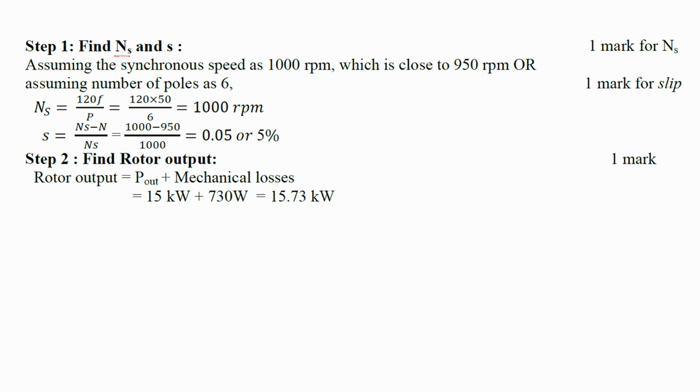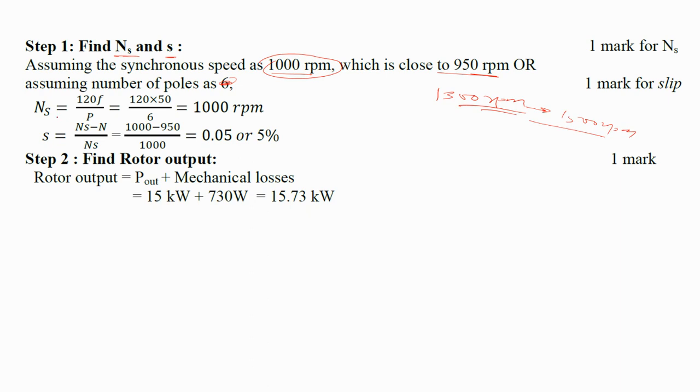Now find ns and slip. Assuming synchronous speed 1000 rpm, which is close to 950 rpm, or assuming number of poles 6, it is easy to consider that synchronous speed is 1000 rpm. Now consider if the actual speed is given as 1450 rpm, then the nearer synchronous speed is 1500 rpm. So by considering the scenario, you will choose the right synchronous speed.